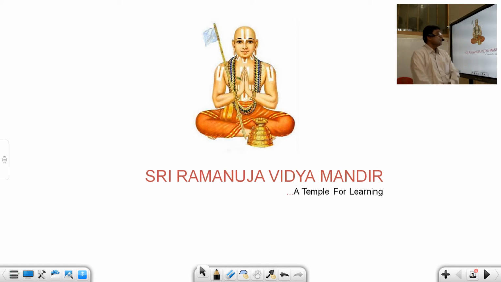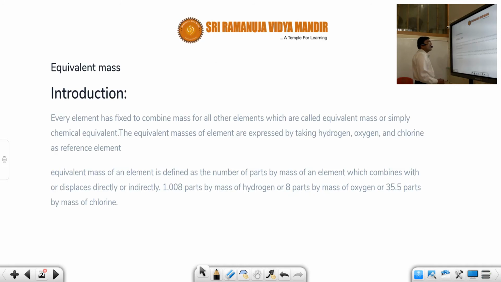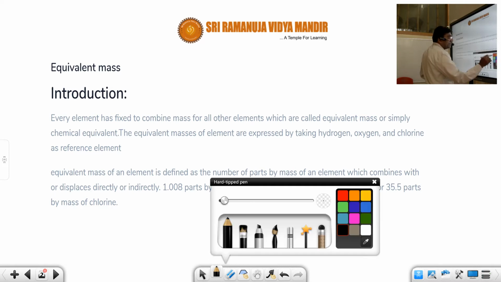Now, in today's class, we are going to discuss methods to determine the equivalent weight. There are certain methods we are going to see. Today, let us learn what exactly is the definition of equivalent weight.